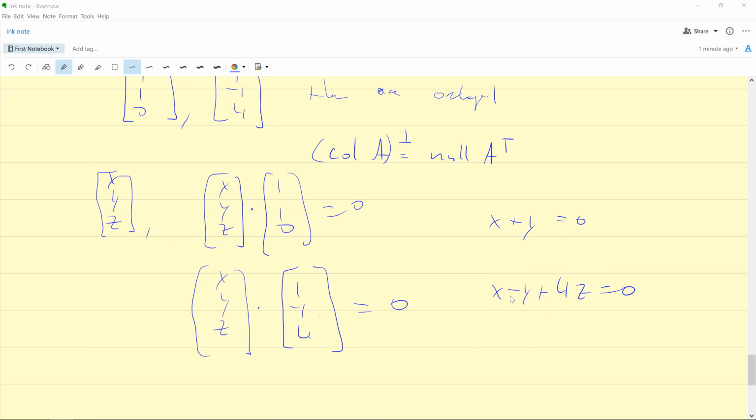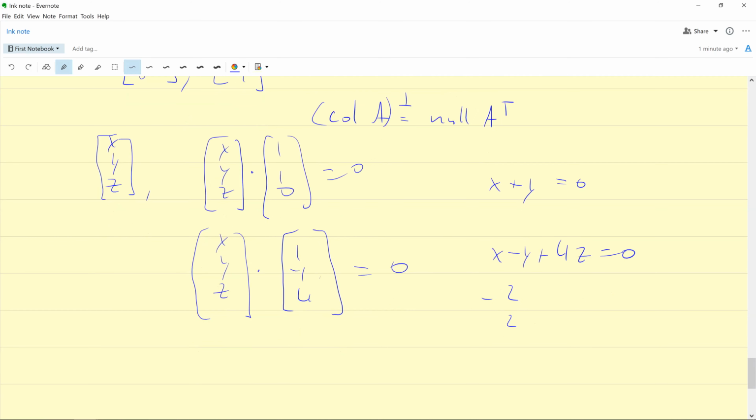So one of the vectors that fits is, if you solve this, (2, -2, 1). And you can probably find something using Gram-Schmidt as well.